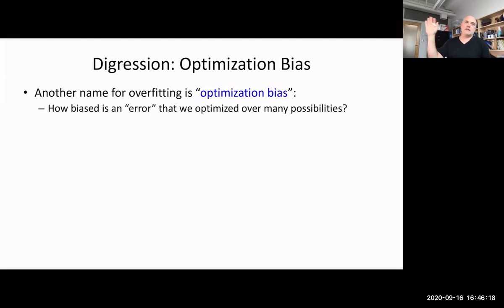These are really good forward-looking questions for the rest of the course. And it's actually a nice way to think about what's about to happen here, because another way of thinking about what we've been talking about in terms of overfitting is just optimization bias.